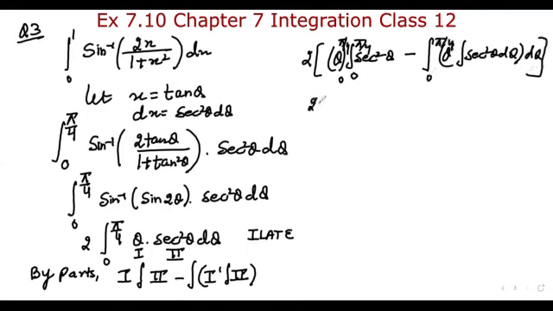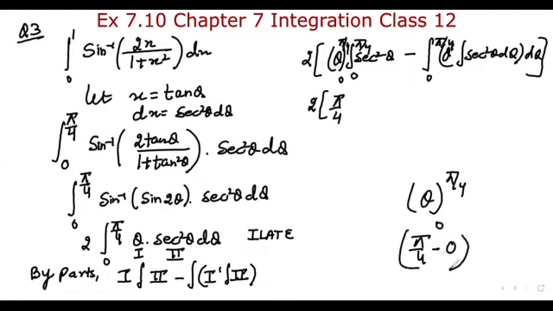So this will be twice. If I put theta as pi by 4 and minus 0, it will be pi by 4 only. Because I have theta and the limit 0 to pi by 4, so in place of theta we put pi by 4, then minus, then put 0. In this way. Now the integral of sec square theta is tan theta.